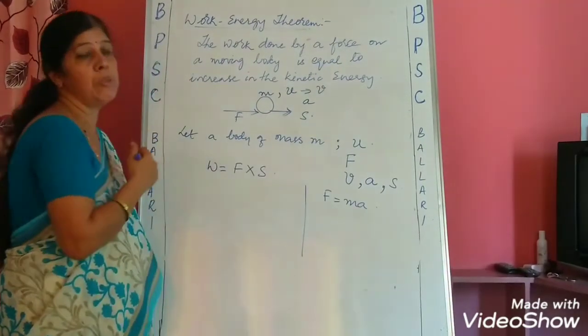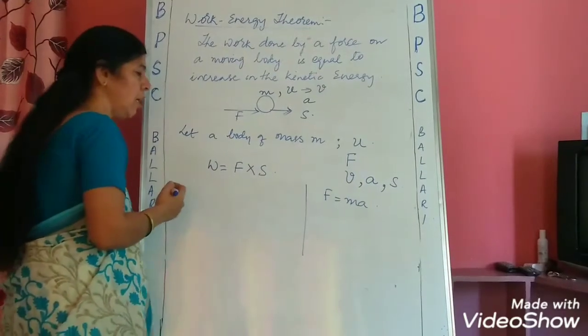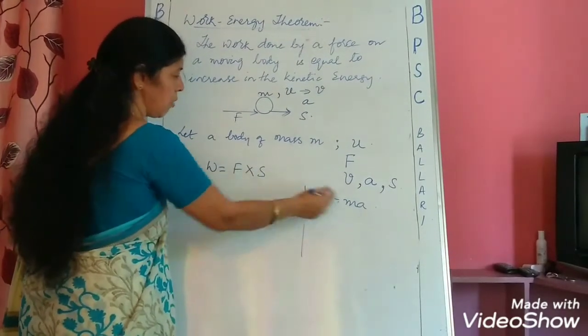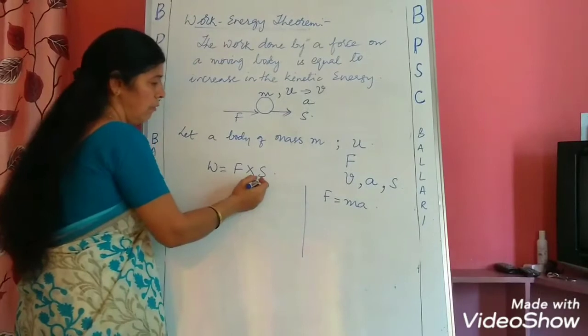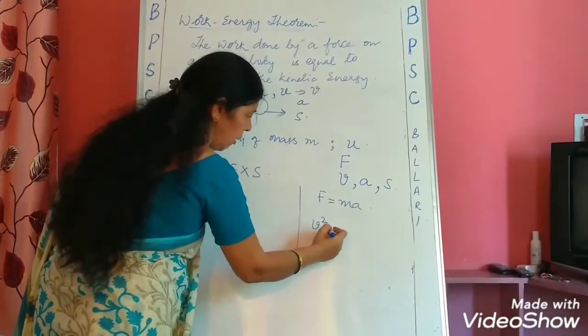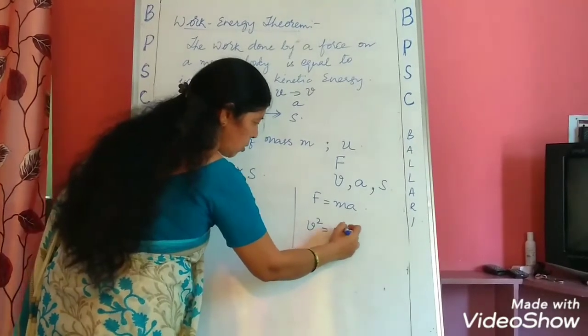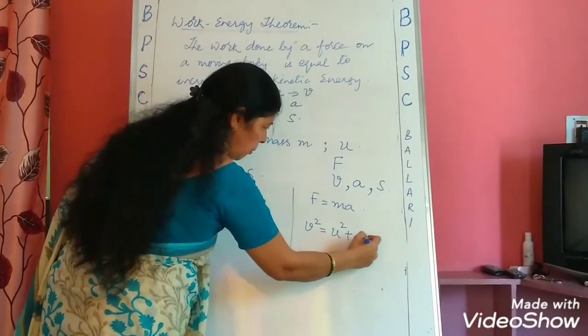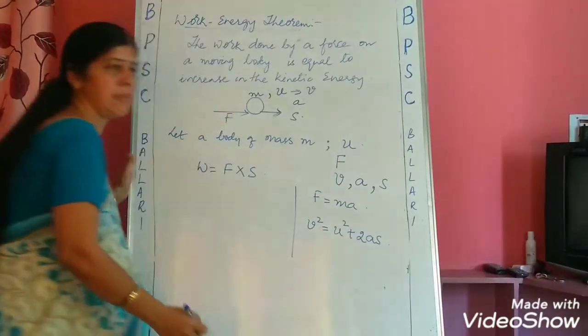For that again we have to use the third equation of motion only. So here I can write F is equal to ma, and for displacement I need to take the third equation of motion, v square is equal to u square plus 2as.